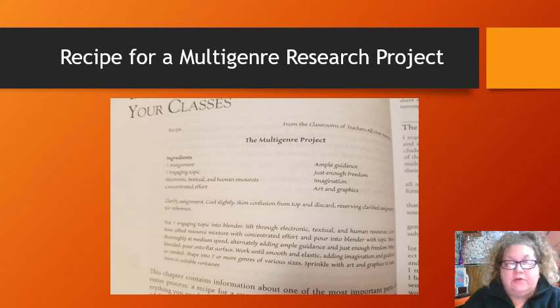It calls for the ingredients: one assignment, one engaging topic, electronic, textual, and human resources, concentrated effort, ample guidance, just enough freedom, your imagination, arts and graphics. And you can go on to read the rest of it if you want. But basically, these are all the different elements that go into completing a multi-genre research project.